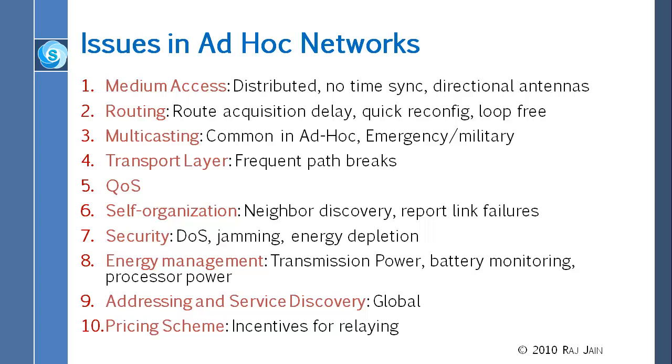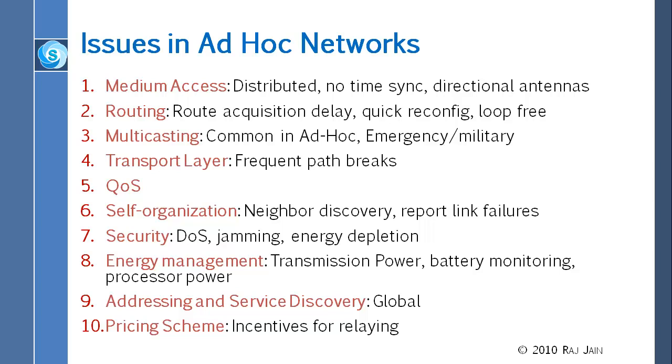So generally the choice is whether to do the routing when we really need it, or to do the routing before we need it. If we do it when we need it, then the delay in finding the route is the route acquisition delay, which is an issue.